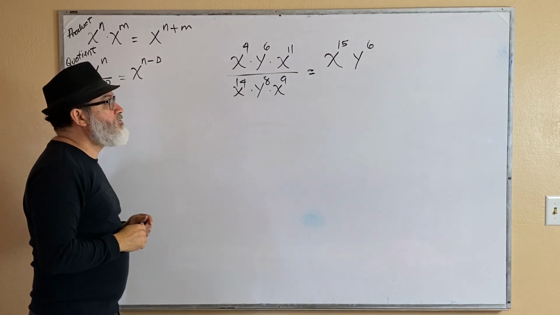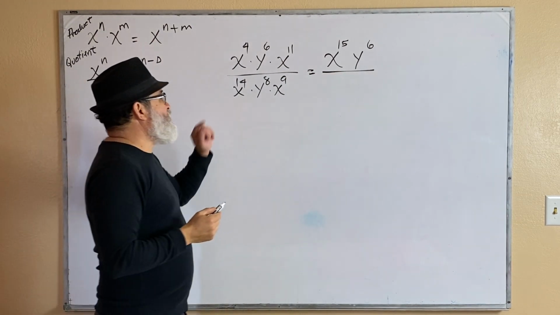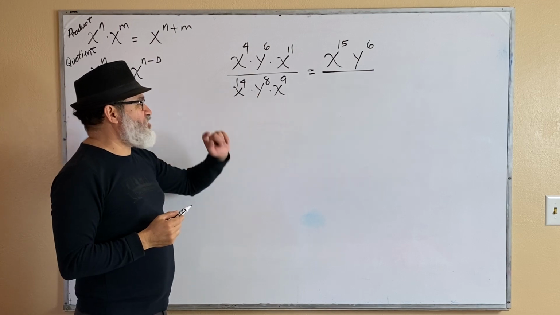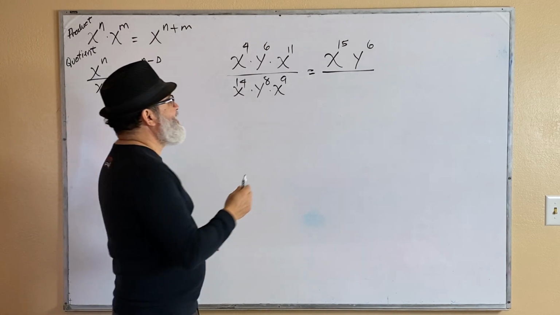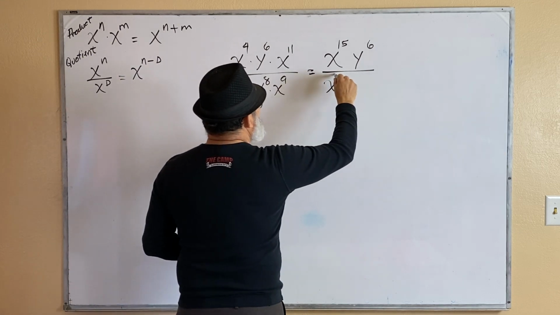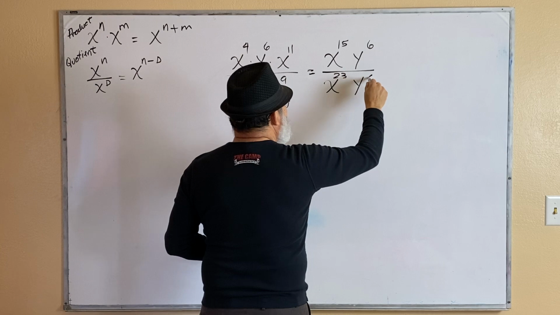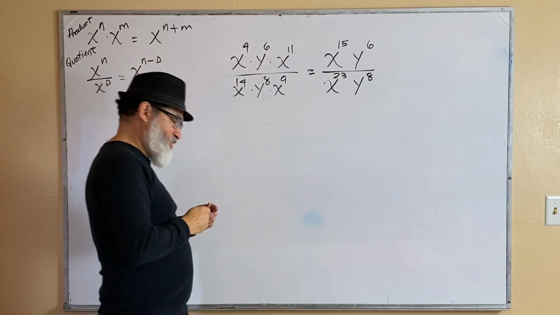That's in the numerator. X to the 14th times x to the 9th is going to be x to the 23rd, y to the 8th.